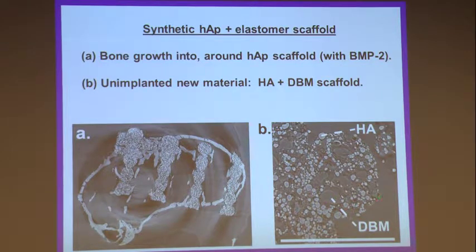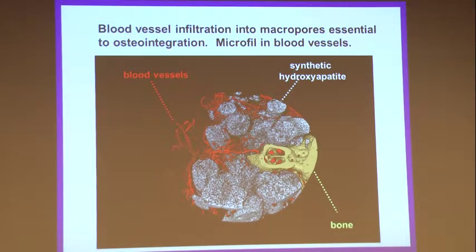This is 2BM micro-CT, and this is a particle of DBM. So hydroxyapatite, elastomer around that, and DBM. Now, when we implant this, we get a vigorous response. One of the first things we look for is blood vessel infiltration into the large pores of the scaffold. And this is a 3D rendering. This is in color of the blood vessels.